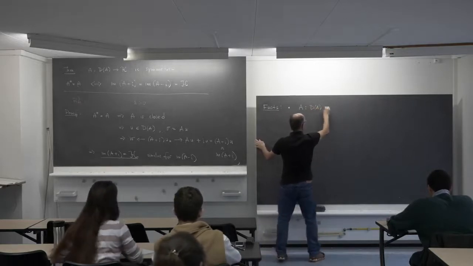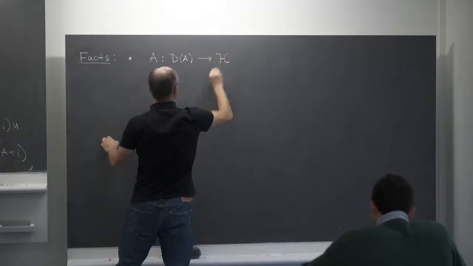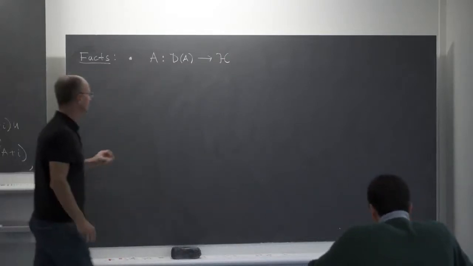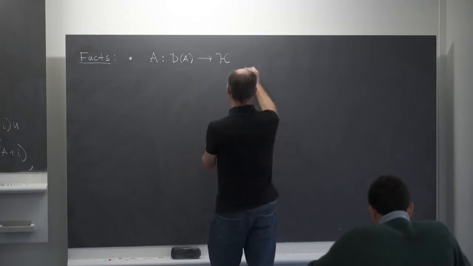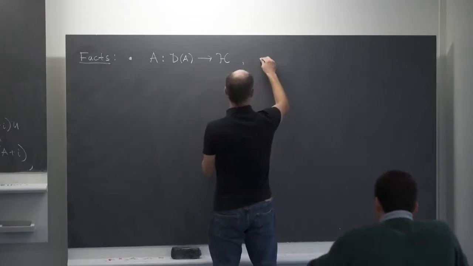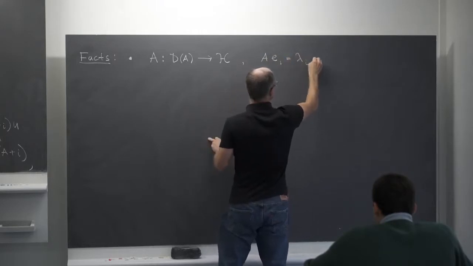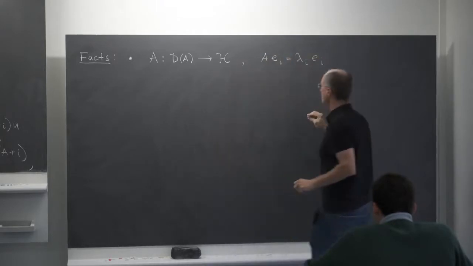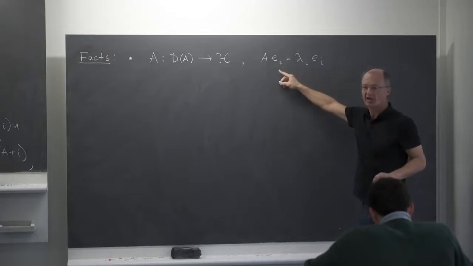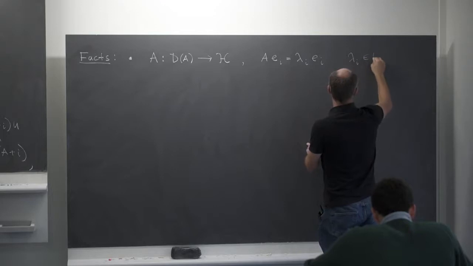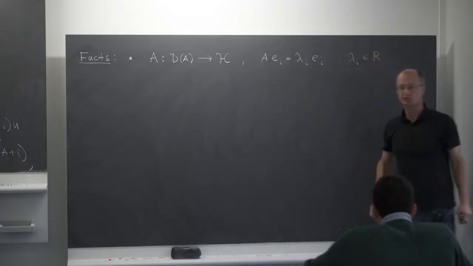So we assume that we have an operator defined on some domain, and we assume that in this domain we have an infinite set of eigenvectors with real eigenvalues.